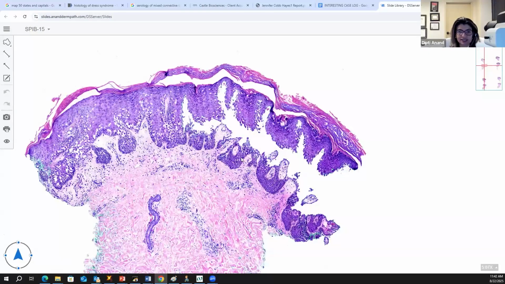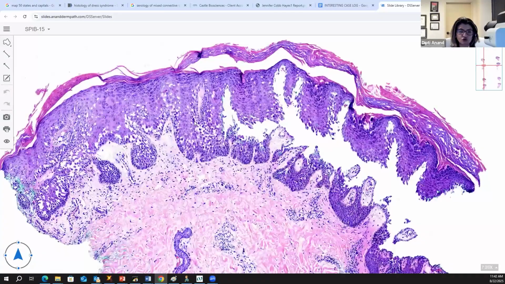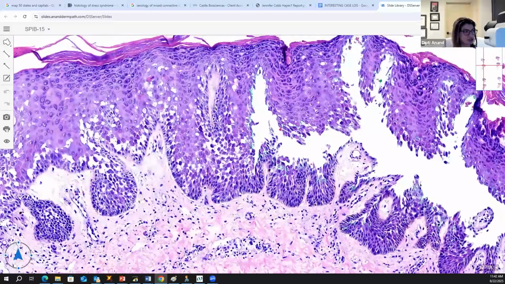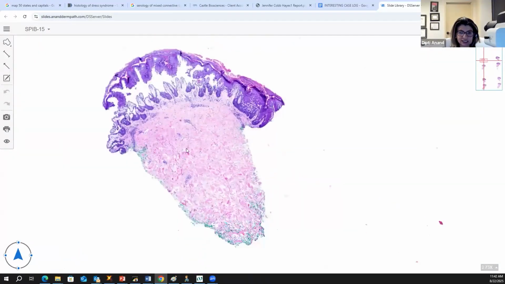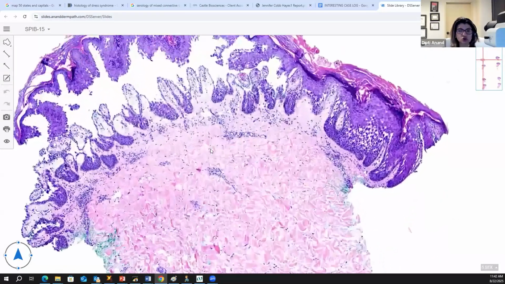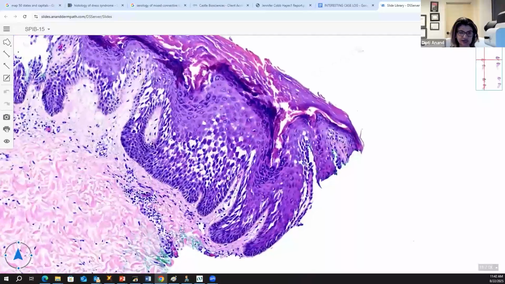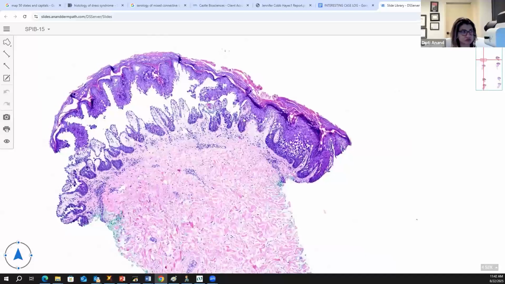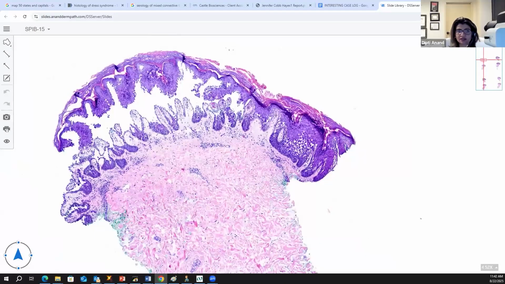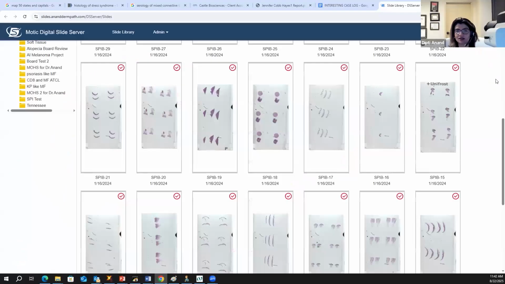But the key is to look for areas which look like this: the incomplete acantholysis, the dilapidated brick wall. There is no follicular involvement in this section, which would also go with Hailey-Hailey disease. Good job. Everybody got that? Okay, let's go to the next one, which is 16.